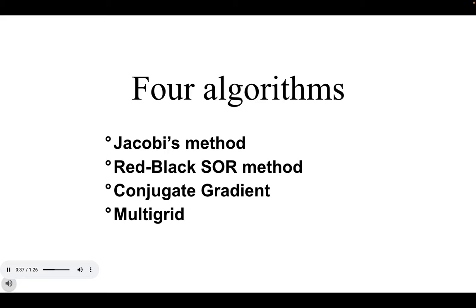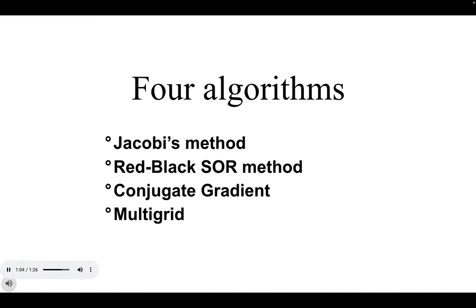The next one is a variation on that, the red-black SOR method, which is Jacobi on subsets of the mesh with different mathematical coefficients. Then conjugate gradients, which is another way to solve problems. The bottleneck is going to be averaging nearest neighbors on a mesh, but it is much more general.